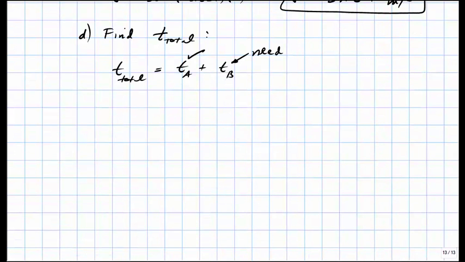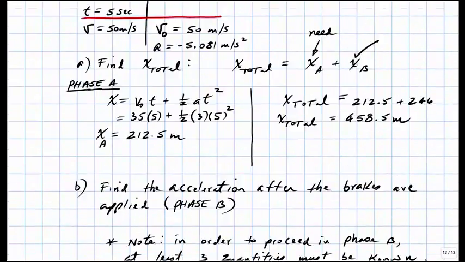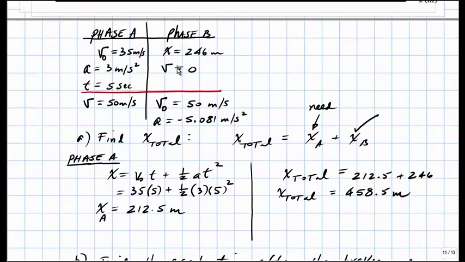Alright, there's plenty of information available within phase B right now, so let's just go right to phase B. We'll take inventory of what we know. And we know a lot. Here it is. We know the distance, we know the final velocity, we know the initial velocity, we know the acceleration, we know a lot of information.